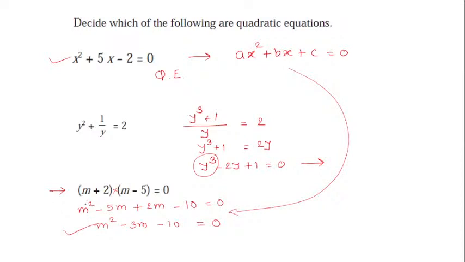So any equation we are given, first of all we should write it in the standard form, and then only we can decide whether it is a quadratic equation or not. Okay, so this is the concept by which we can identify whether the given equation is a quadratic equation or not.